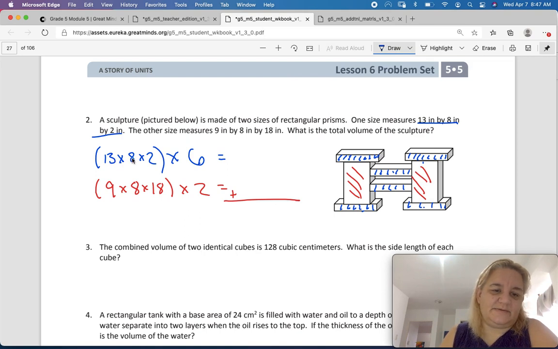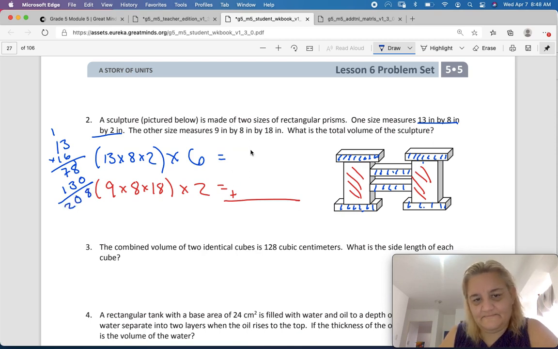So let's do that. Well, let's do 13 times 16, right? 13 times 16 is 208 inches cubed.